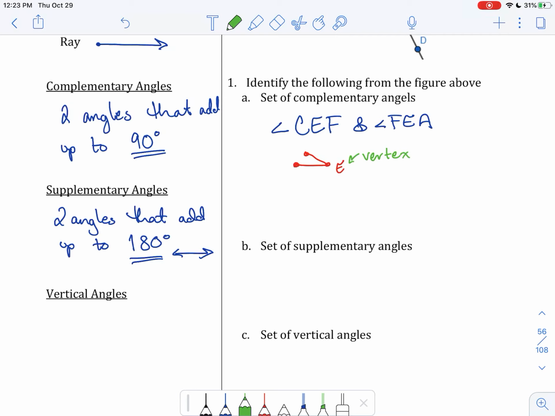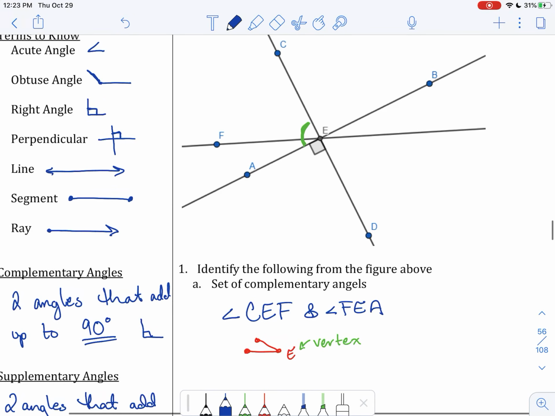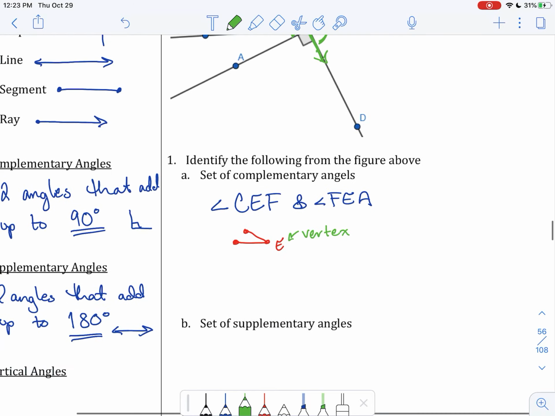We usually just think of that as one straight line versus 90 degrees as we illustrated up there. So if I'm looking for supplements, I can look at the other side of the graph, and we could say this angle here is supplementary to the other side, and then here's our straight line, our 180 degrees, like that.